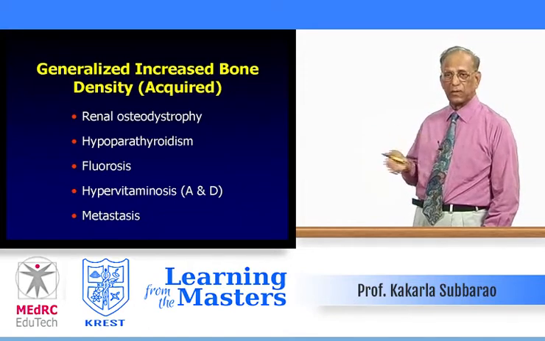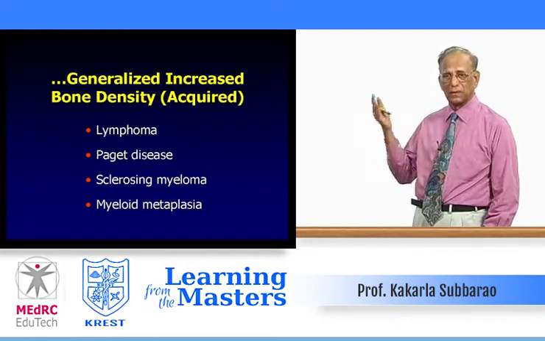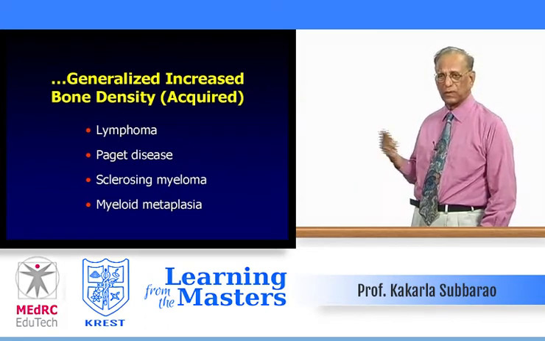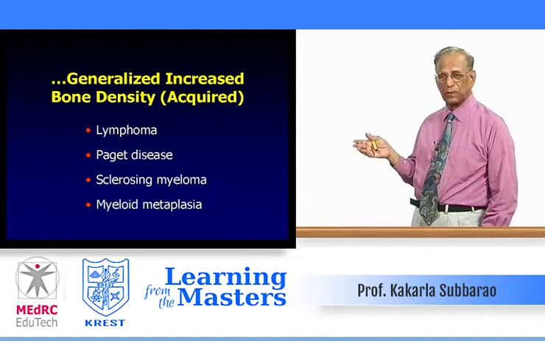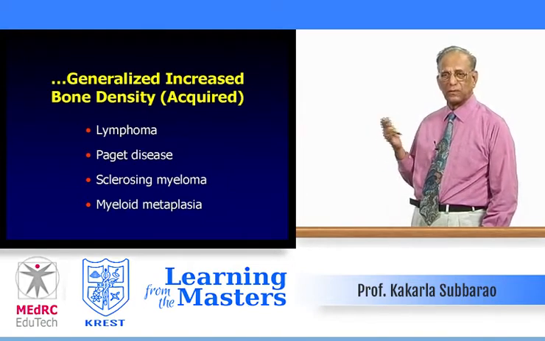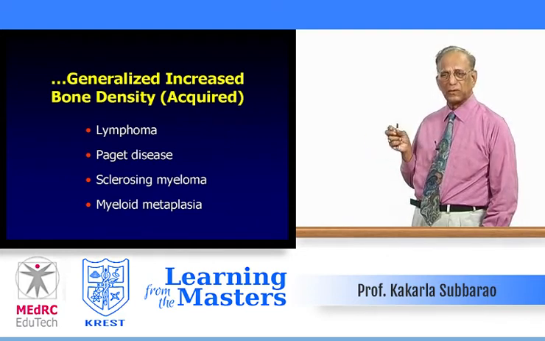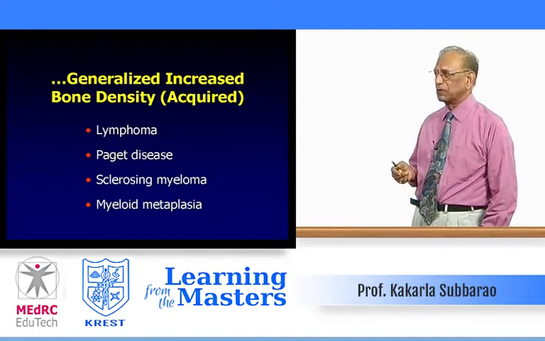Metastases like prostate, breast, lymphoma, Paget disease, which is rather rare in India, but still diffuse sclerosis you can get, the same as you get in Western countries' patients. Sclerosing myeloma, POEMS syndrome. In general, 95% of the time, myeloma or deposits produce lytic changes in various bones from cranium downwards.